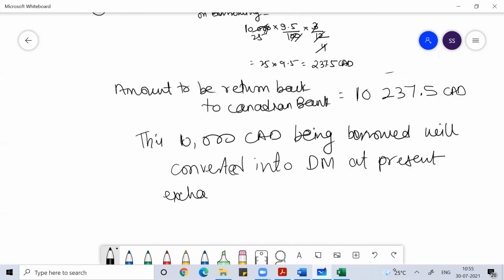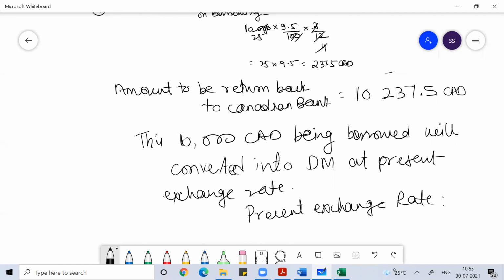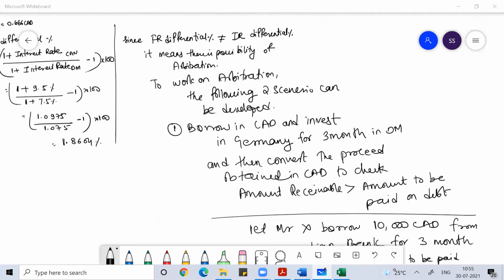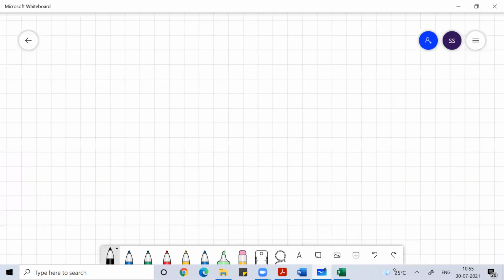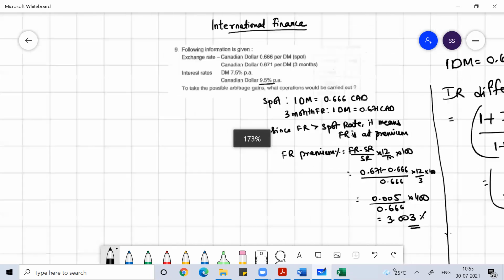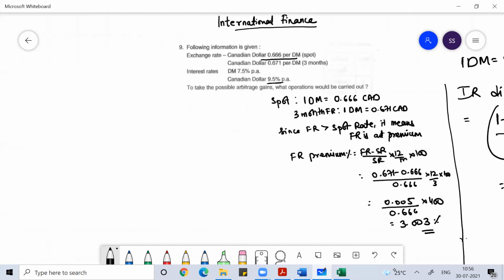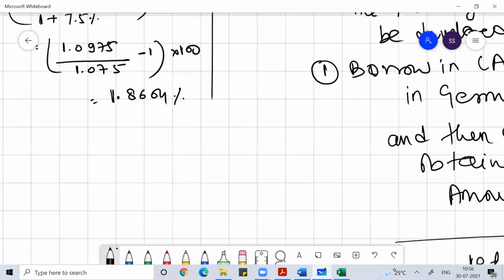If you see the present exchange rate, what is your present exchange rate?